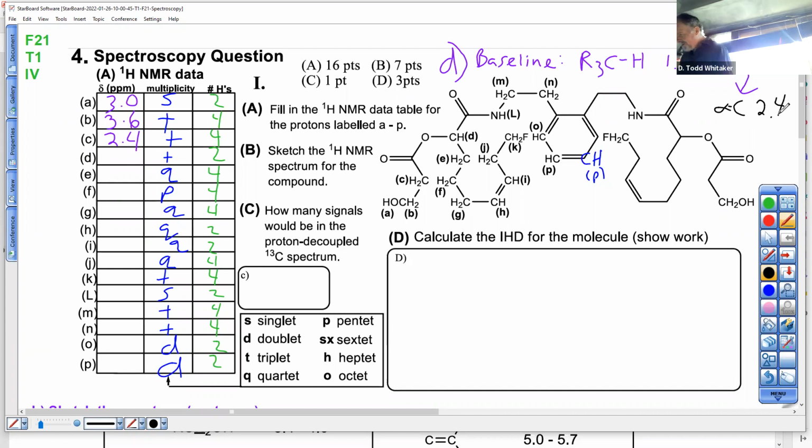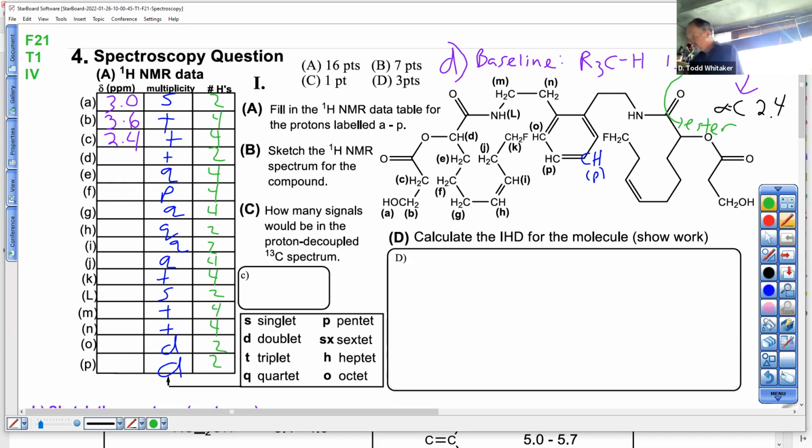D is also a C that's part of an ester. So I need to look up that. Part of ester. I don't even know what to write. I'm going to write the word ester. It's an H attached to a C attached to an O in an ester.